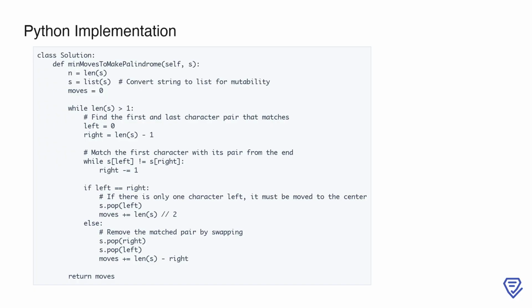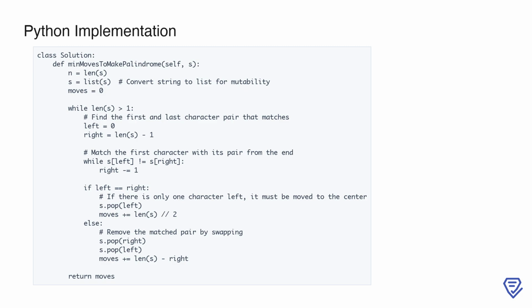3. If left equals right, it means there is only one unmatched character left, which must be moved to the center. To do so, we remove the character from the list and increment moves by the number of moves needed to place it in the middle. 4. If a match is found, the algorithm removes the matched pair by popping the characters at left and right indices. The number of moves is incremented by the distance the characters needed to travel to pair up. 5.